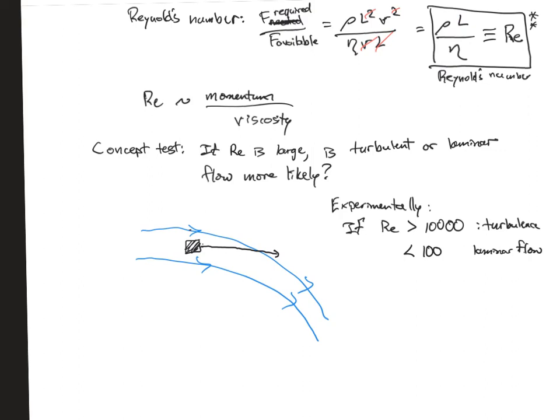And that's sometimes a little bit tricky, but a good rule of thumb is that the length is the diameter of a pipe, if you're talking about flow through a pipe, or the diameter of, let's just call it a rock, if you're talking about water flowing around a rock, like in a river.